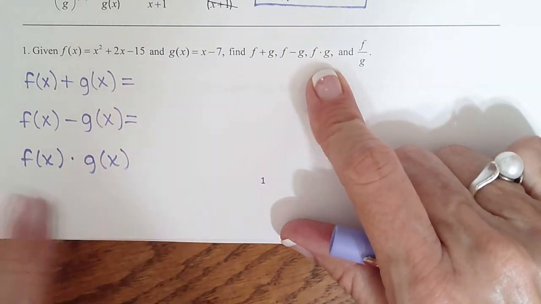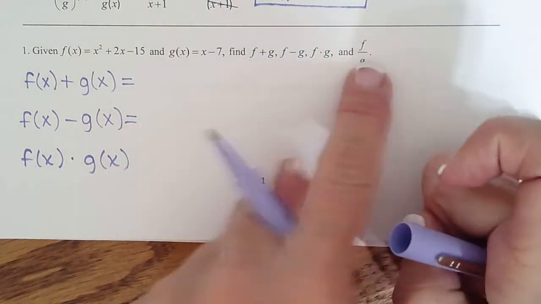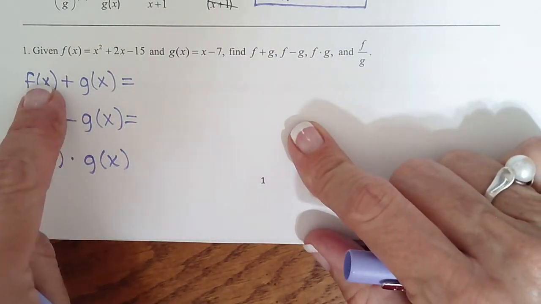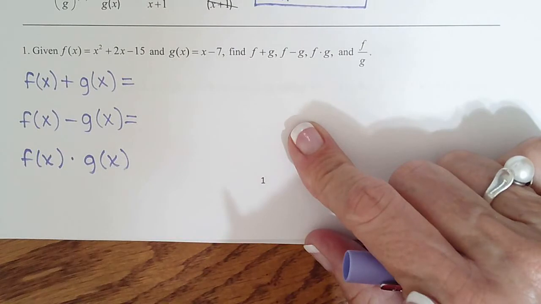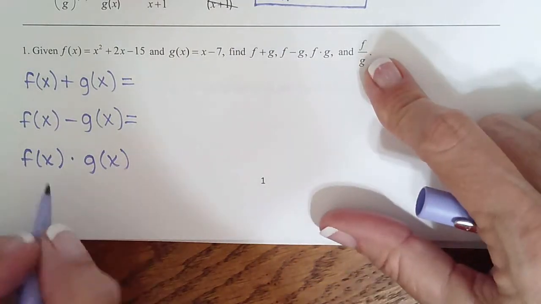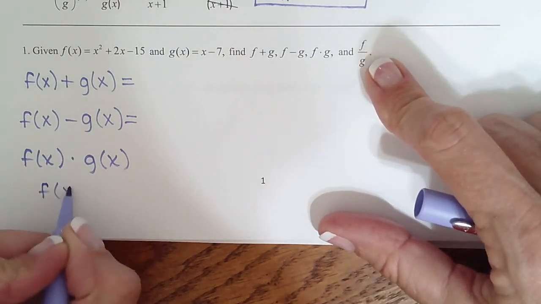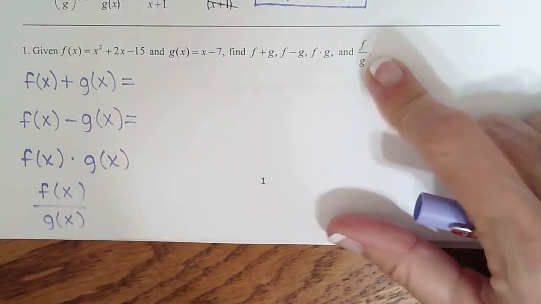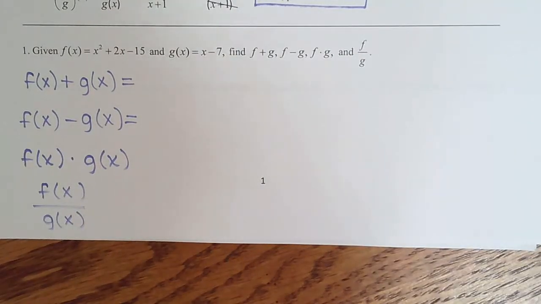So I put it in my familiar notation because that's not really familiar to me. This says take the function f and add it to the function g. And then f of x divided by g of x. So that way they're all ready to go.